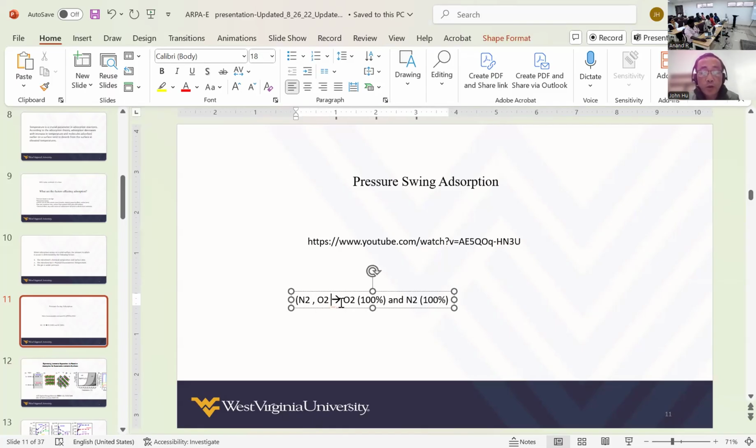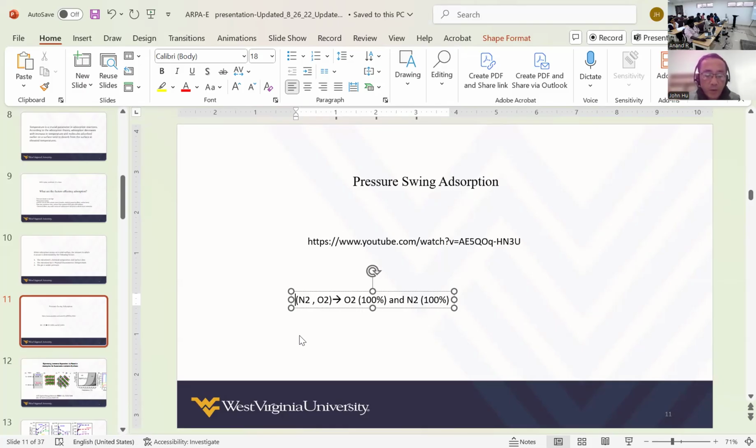I'm going to tell the rule of thumb, okay? At the end, that video shows they obtain 95% purity of the oxygen, and they are very happy because that's good for hospital medical use. Oxygen for emergency use in the hospital is not 100%, but that's not the case I want to mention.